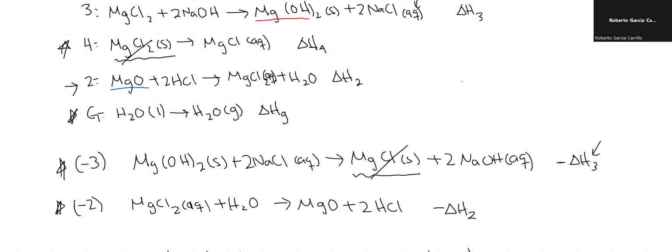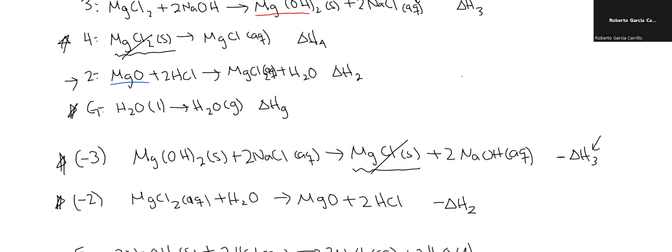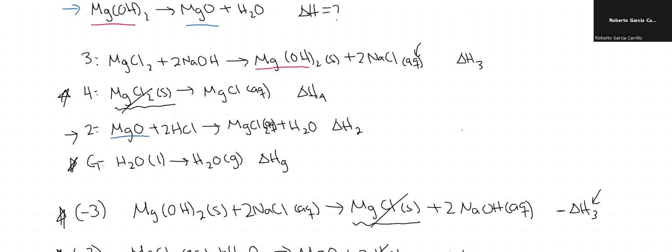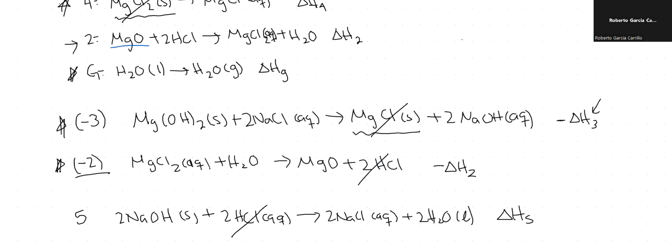Now we can cancel more stuff. Let's see. Here we have 2 molecules of hydrochloric acid. We can cancel out with the negative of reaction number 2. Oh, sorry, and to clarify, we have a 5th enthalpy of reaction. We can also cancel out sodium chloride with sodium chloride in the 3rd reaction.